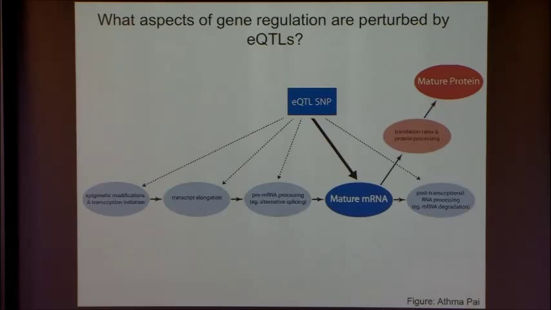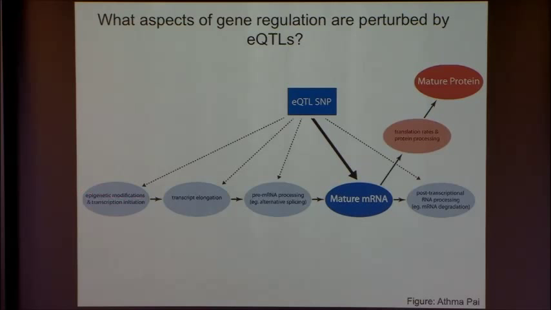To tackle this problem, we thought about the mechanisms of EQTLs in the following way. When you have an EQTL, basically what you observe is that there's an association between a SNP and the steady state levels of mature mRNA in the cell. So what are the kinds of processes that determine these steady state levels?